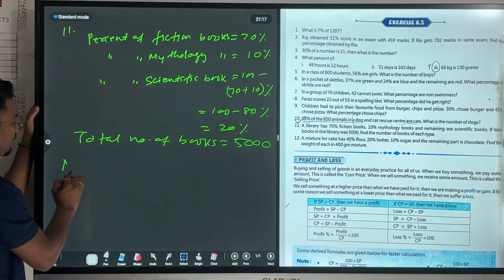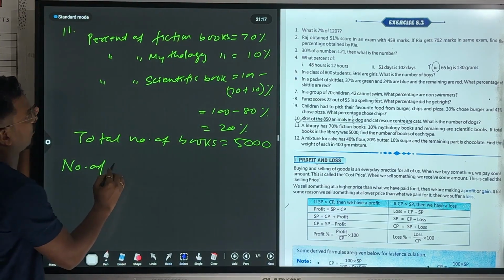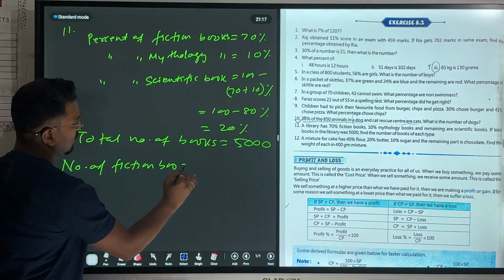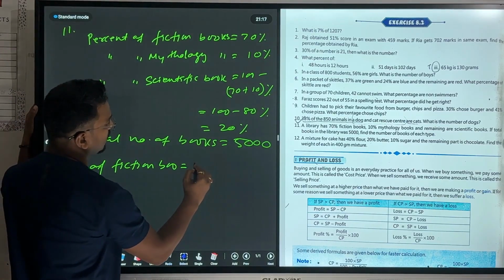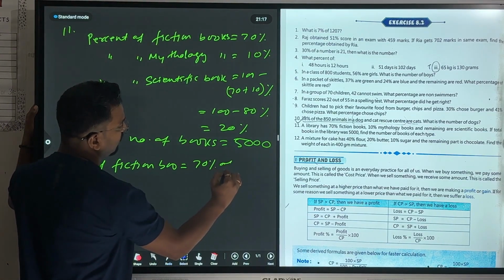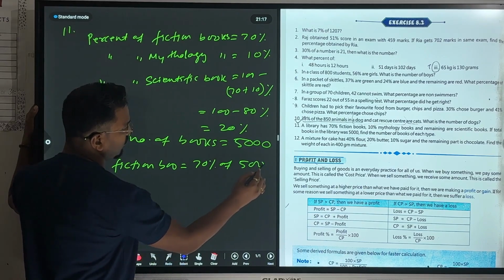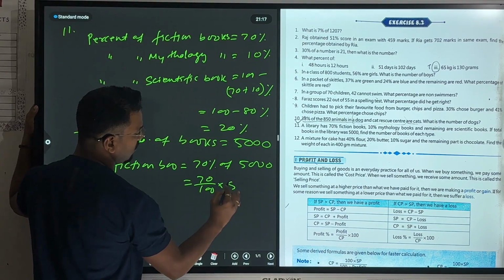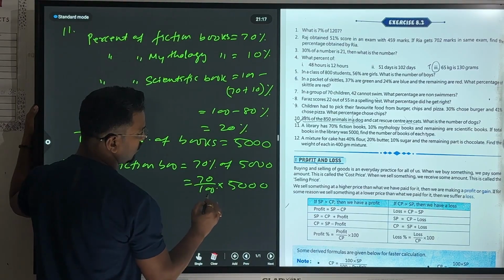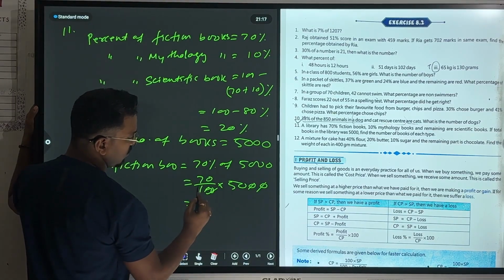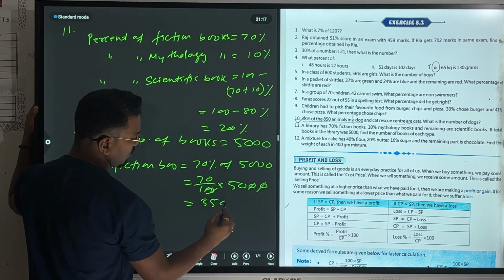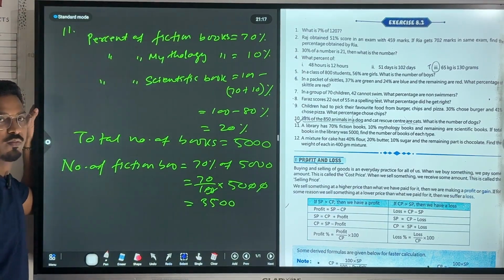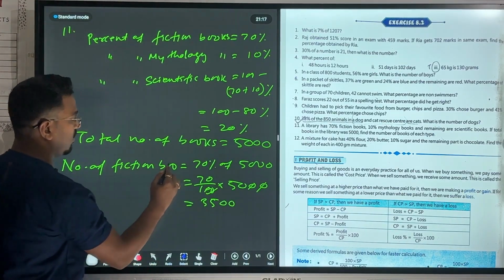So number of fiction book, how much? 70% of 5000. So 70 by 100 into 5000. So you can cancel. So it will become 3500. 3500 books are fiction book.